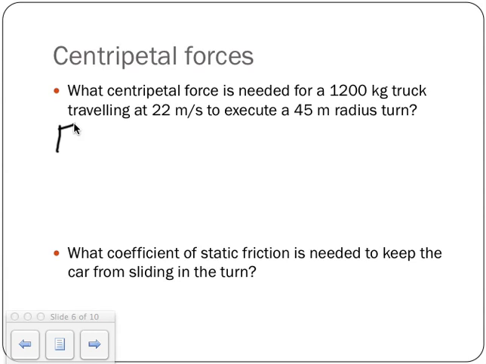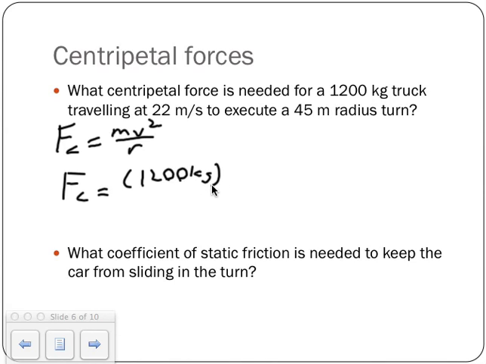So we say that the centripetal force is mv squared over r. So centripetal force here would be the mass, which is just 1,200 kilograms, times the velocity, 22 meters per second, squared, divided by the radius, which is 45 meters. All our units seem to be working out here nicely.